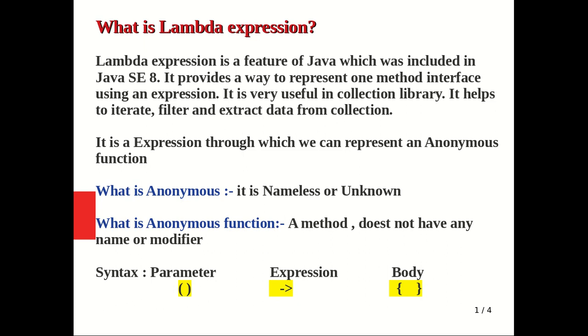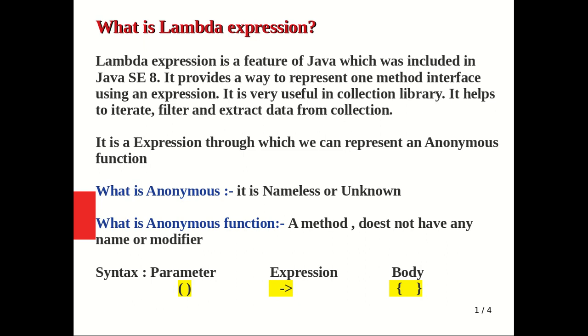Here the question comes: what is an anonymous function or method? A method that does not have any name or modifier is called an anonymous function or method.